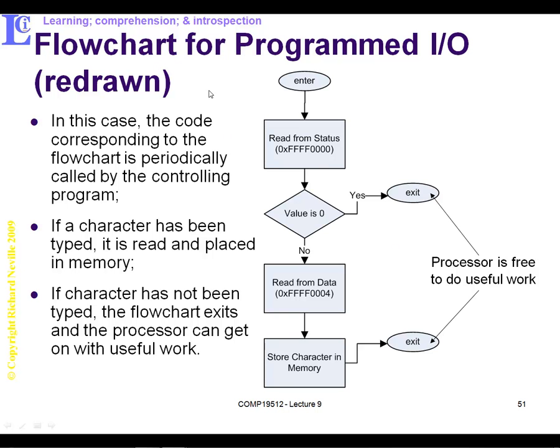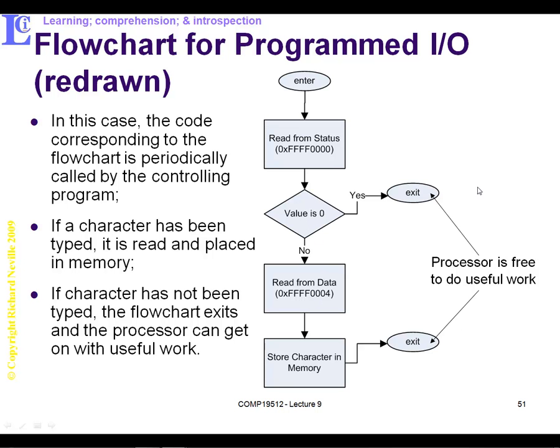One of the ways we could do this in a different way is say, well, why don't we do this by periodically checking? So we just read it once. If it's not there, we don't stay in the loop and check the status register. We exit and go and do something else. So we could periodically check for programmed I/O, and then once we've done this, we can only move forward and check the data register if the least significant bit is set to 1.